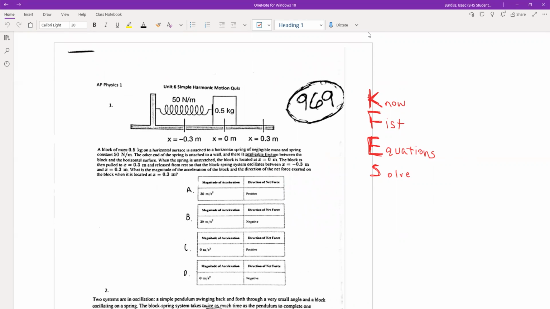And to answer these questions, use KFES. No, it's supposed to be find, not fist, but I wrote that for a reason. Find: you write down what you know, you write down what you're supposed to find, you write down the equations that you need to use, and then you solve it.